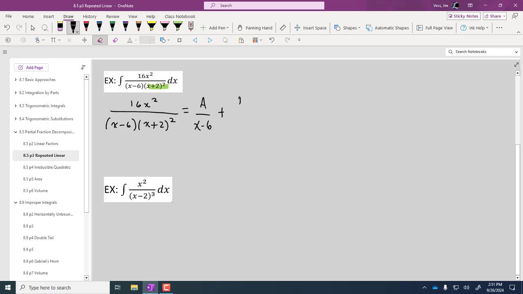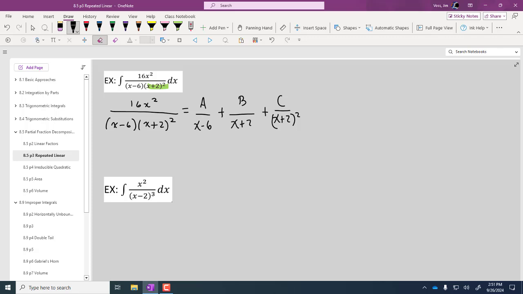X plus 2 is linear, so it's going to be b over x plus 2. But it's repeated, so we have to have another partial fraction for the second power. So we have to have a partial fraction for each power of that repeated factor. Now we do the algebra.